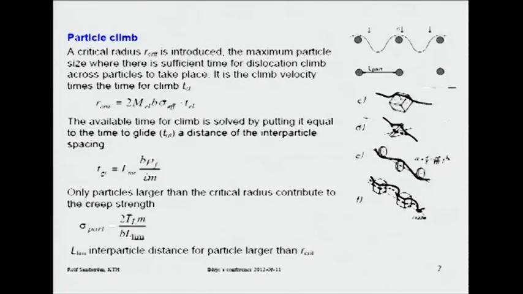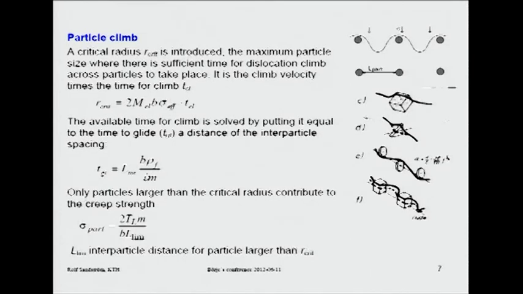Now, to model the influence of particles, the most important thing is that you consider how dislocations climb across particles, which can take place in many different ways. But in fact, the critical step here is the time it takes for the dislocations to pass the particles.